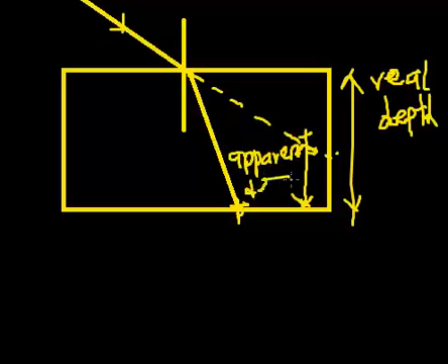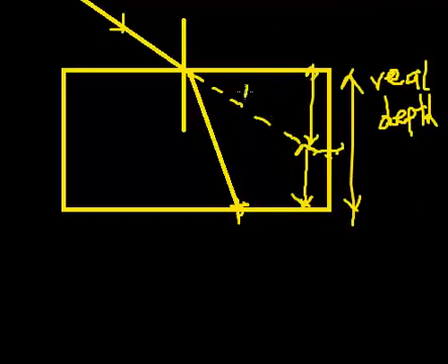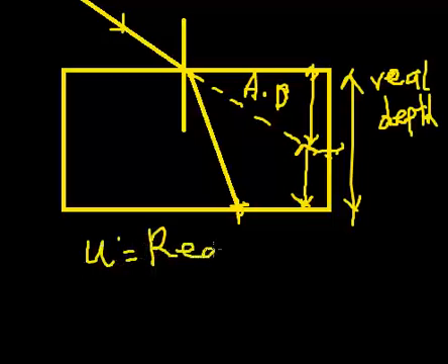Please follow me, it's from the top to this point. That's what is known as apparent depth. Let me use AD to represent it. So another way of expressing refractive index is that refractive index can be given as the real depth of a medium divided by the apparent depth.